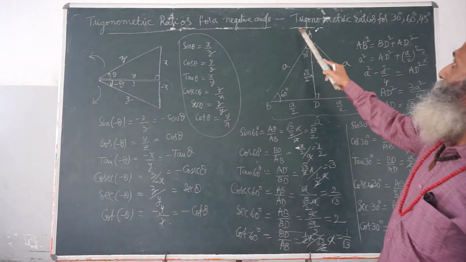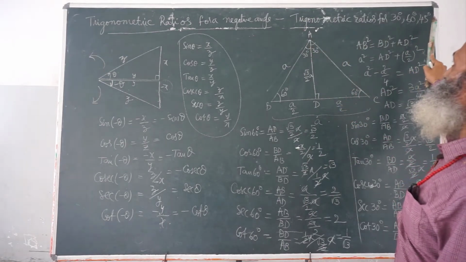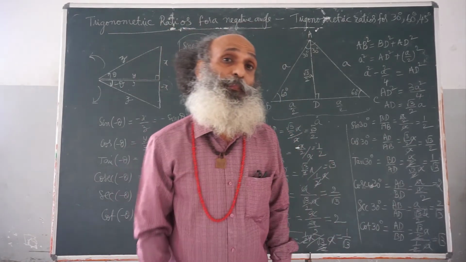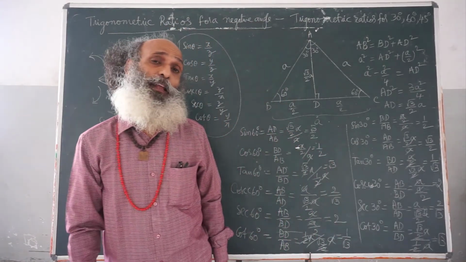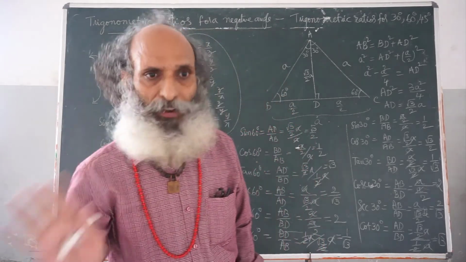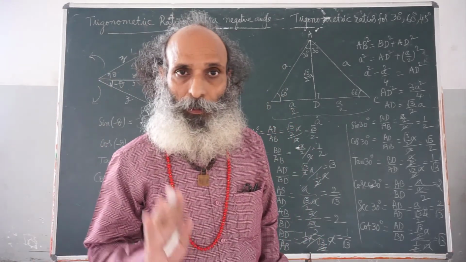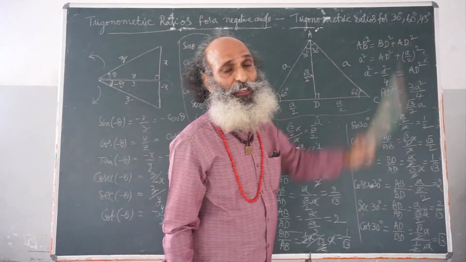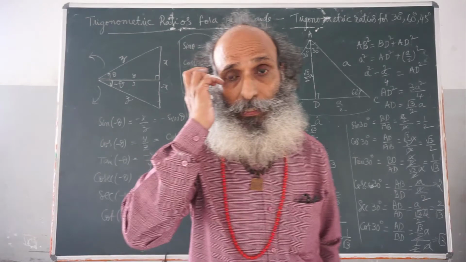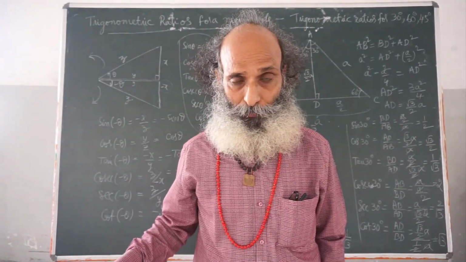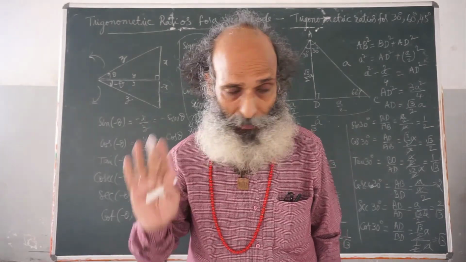Now trigonometric ratios for 30 degrees, 60 degrees, 45 degrees angles. I told you the ratio of a trigonometric function depends upon the angle but not on the side. Therefore, for these angles the trigonometric ratios must be the same irrespective of the triangle.